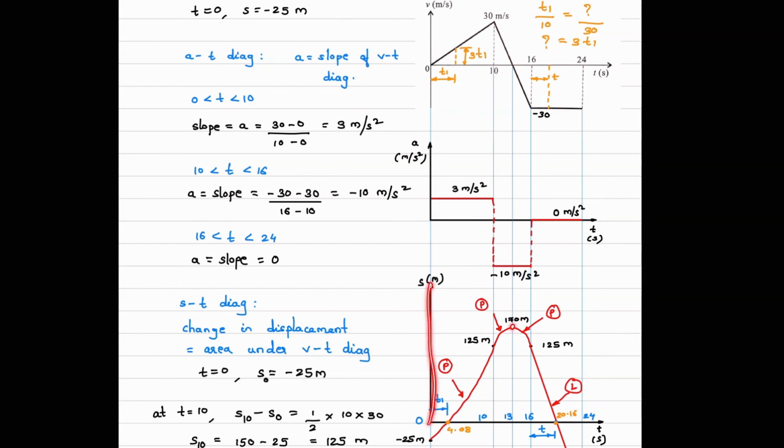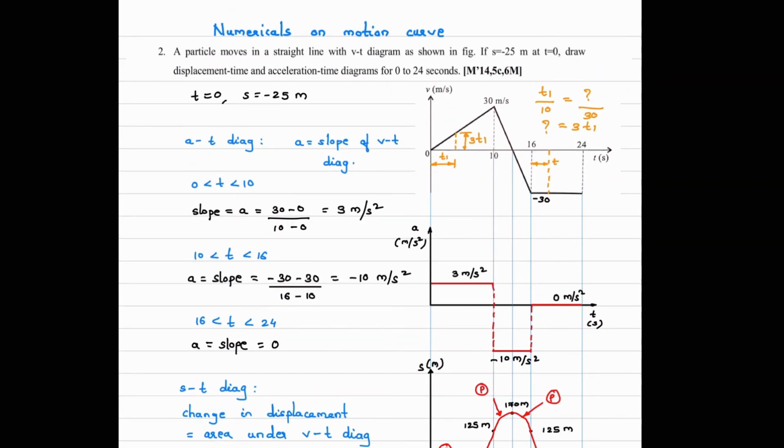So here you can see on the ST diagram that displacement is maximum. And when the acceleration time diagram changes its sign, at that location velocity is maximum. So here it is changing its direction, and you can see for this point velocity is maximum. So these 2 points we have seen, and from numericals we can see the same thing.